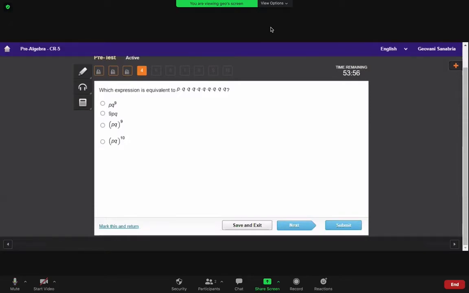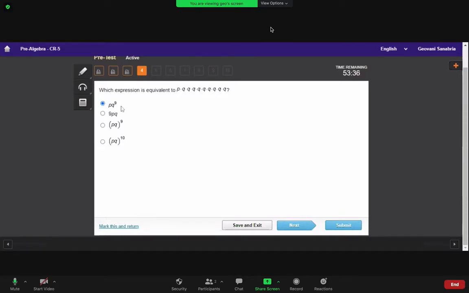Yeah. When there's no parentheses, that means the exponent is only for the thing that it's closest to. And so that means it's only for the q. It doesn't apply to the p at all. So p, just like in the top, there's only one p. Same as in that answer.